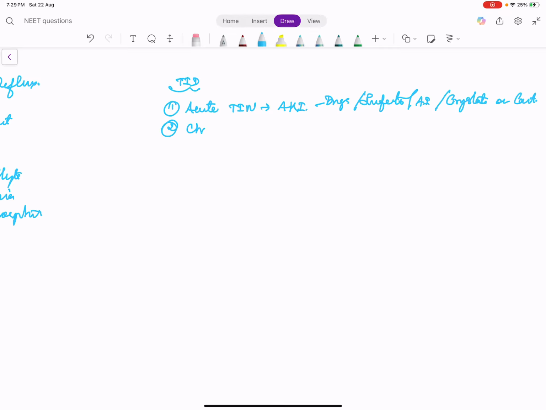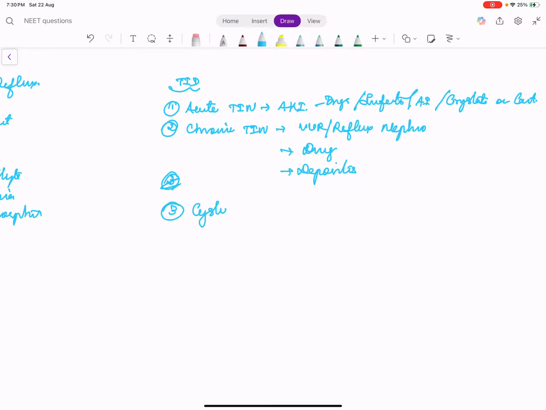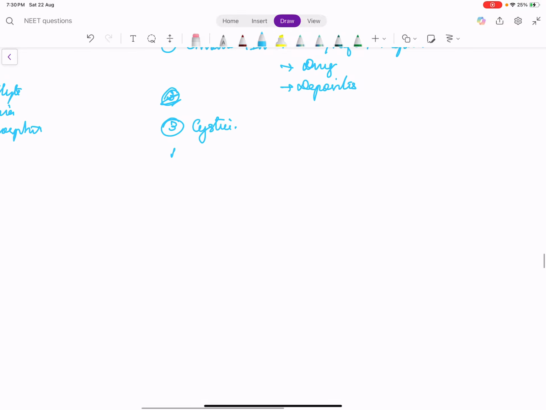Then we have chronic tubulointerstitial nephritis, in which we have vesicoureteric reflux or reflux nephropathy, and again chronic drug use. Then we have deposition diseases like oxalate crystals, cystinuria, etc. The third tubulointerstitial disease is cystic diseases of the kidney. We discussed ADPKD and ARPKD. The fourth will be pure channelopathies.